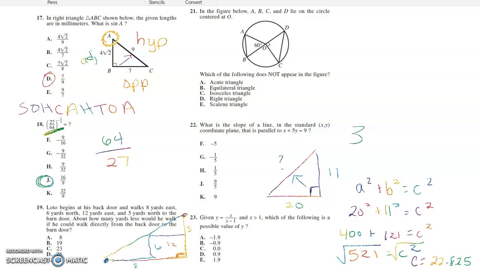So we have 31 yards, and then we need to subtract what this total thing would be. Let's just do 23, round up, since all of our answers are nice and pretty. So we want to do 31 minus 23, and that equals 8. He would have saved himself 8 yards. I don't know if that's a big deal to you, but that could be a difference to somebody or not.